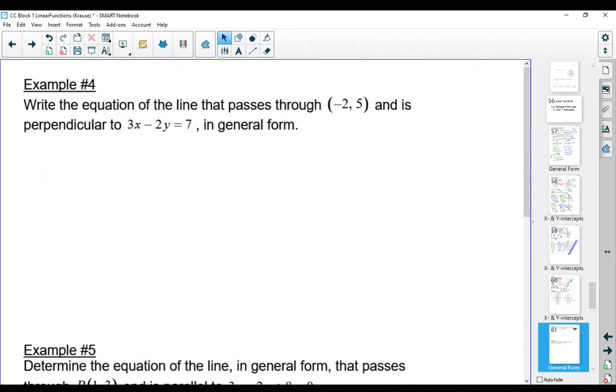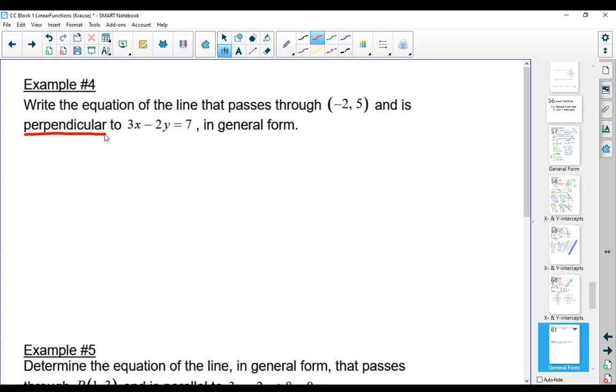All right, so the last piece that we're going to look at is how to write an equation of a line, just like we did in 3.5, but then do the last step and convert it into general form. So the last 3 examples are all going to be just variations of the same thing. So example number 4 says, write the equation of the line that passes through -2, 5 and is perpendicular to 3x minus 2y equals 7.